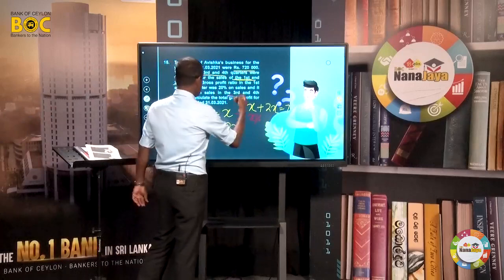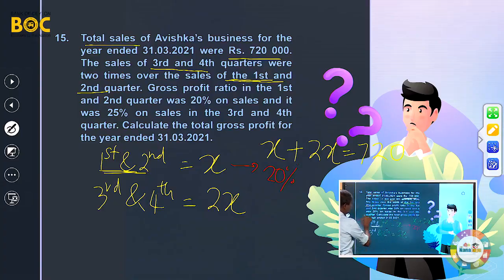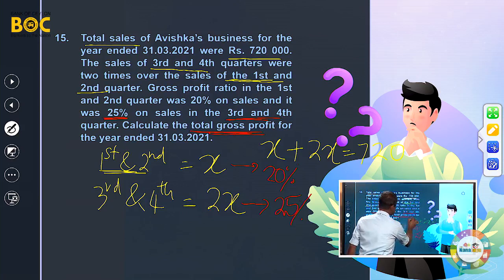And it was 25% on sales in the third and fourth quarter. What's the requirement? Calculate the total gross profit. So you have to calculate the total gross profit of the business.